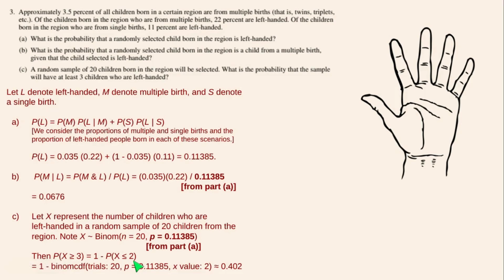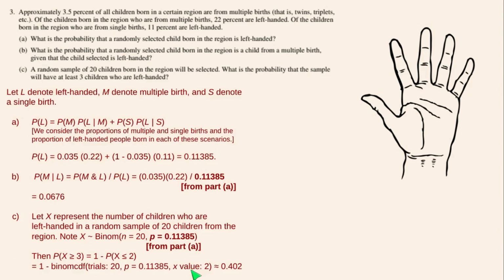The calculator has a neat feature to do the complement, this calculation right here. I'm going to do 1 minus binomcdf. Binomcdf computes the combined probability of X equals 0, X equals 1, X equals 2, and on and on until you hit your max, which we say is the X value. Binomcdf has 3 arguments.